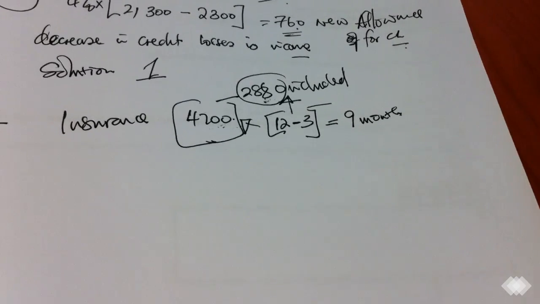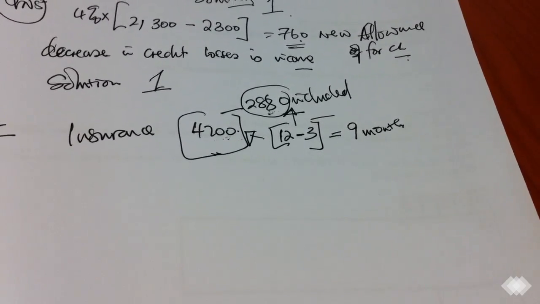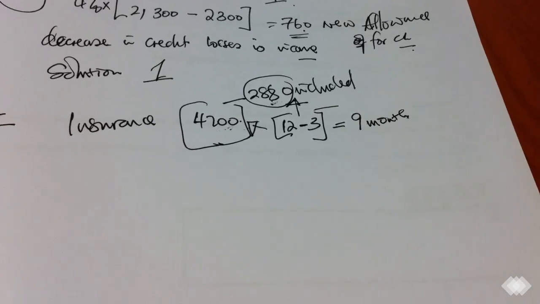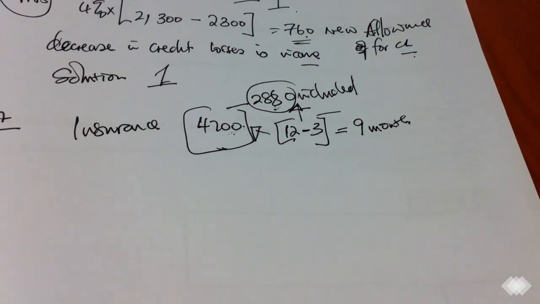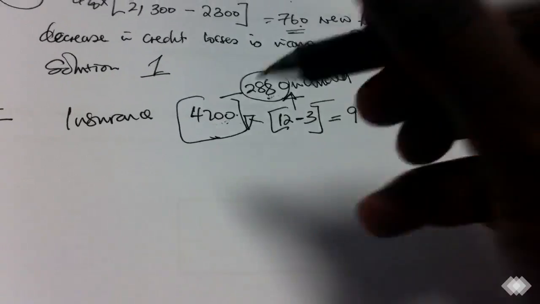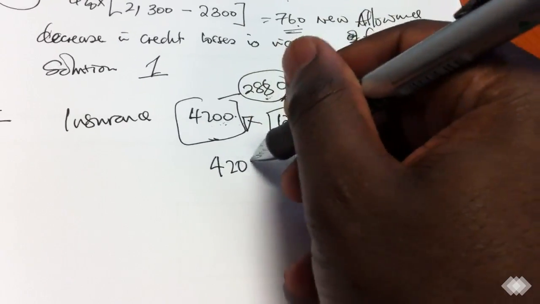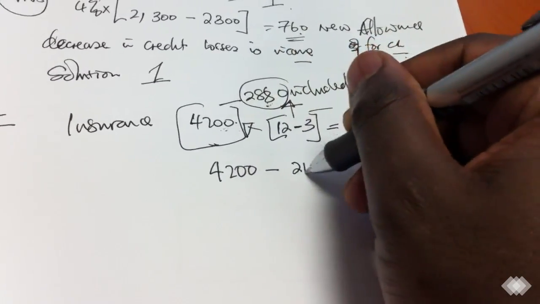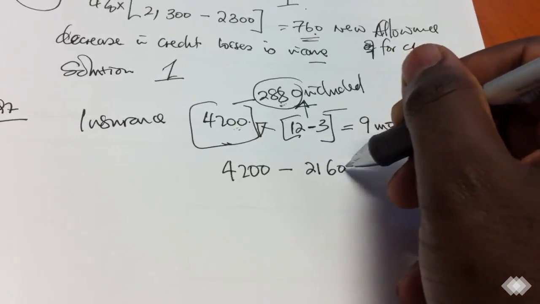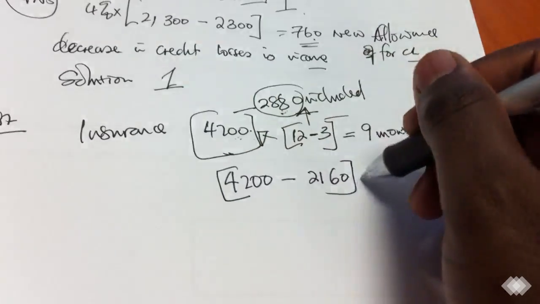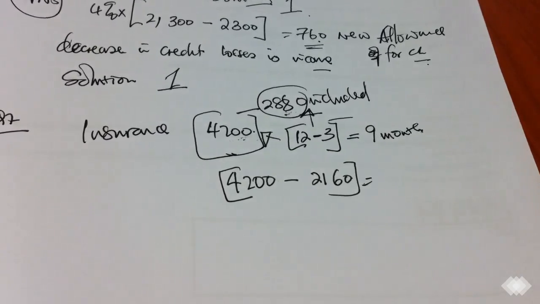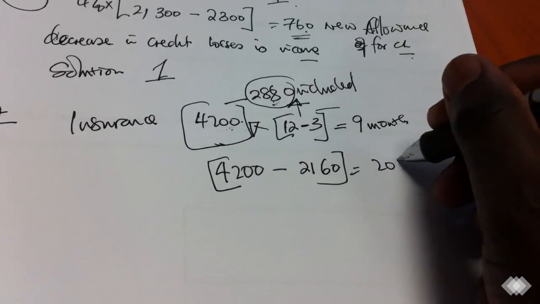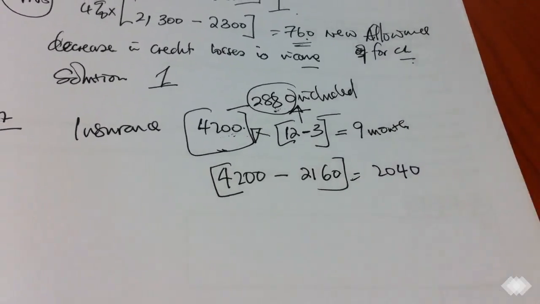So we say 2880 divided by 12 to see how much it is per month equals 240, multiplied by 9 months, we get 2160. So 4200 minus the 9 months worth of insurance should give us the insurance that we should account for, which is 2040.